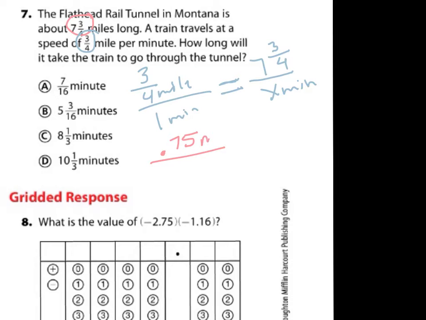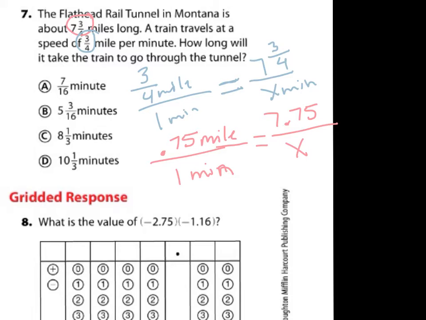So 0.75 miles in 1 minute, equals 7.75 over X minutes. I don't know how long it's going to take.